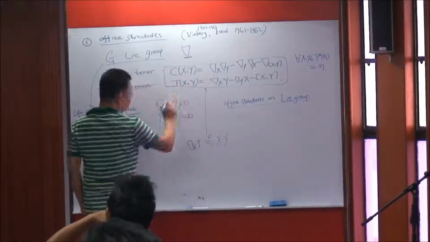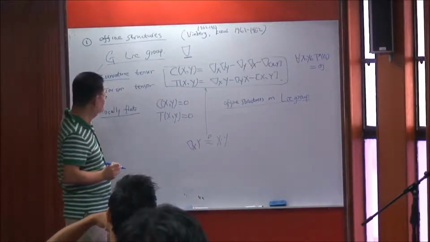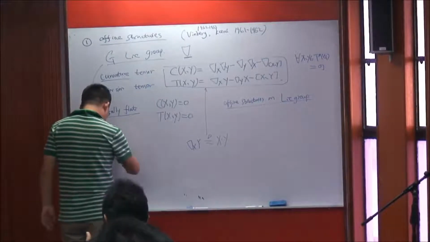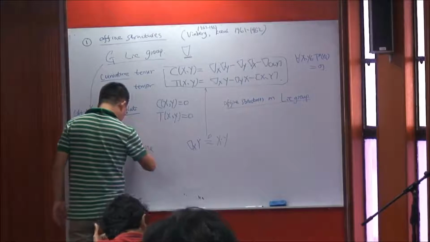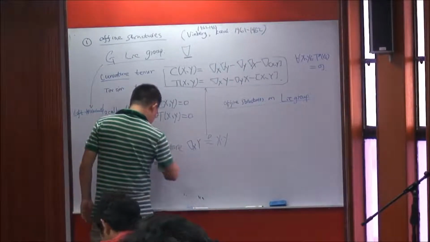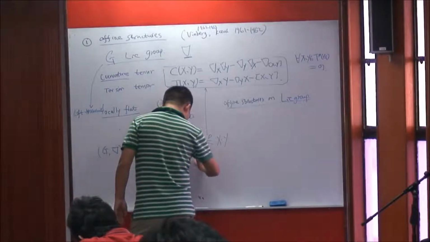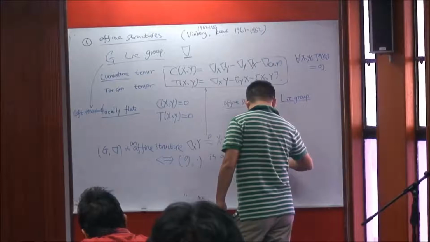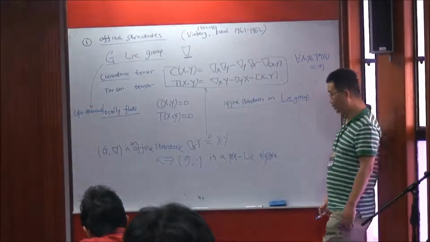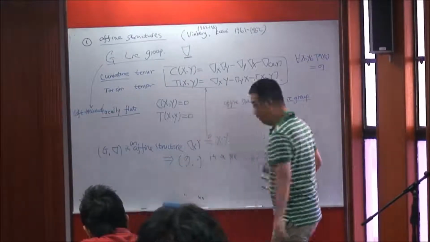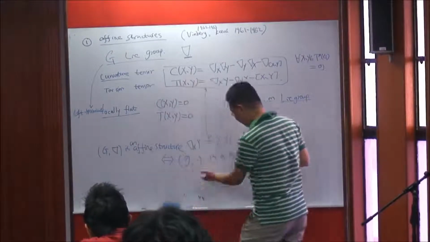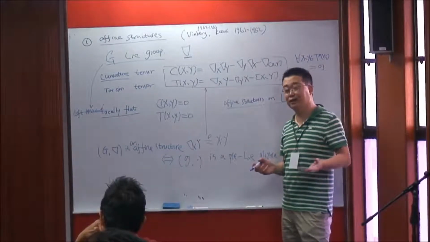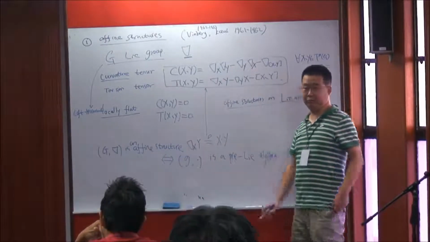You can see the curvature is 0 and the torsion is 0. So the group G has an affine structure, which implies the algebra is free. If G is the lifting, a connected and simply connected manifold, so it's equivalent.